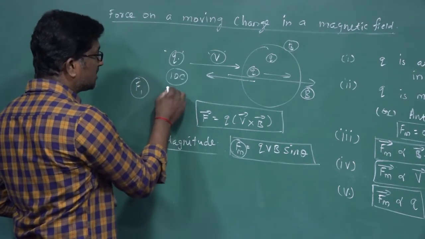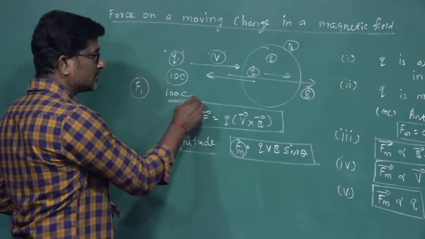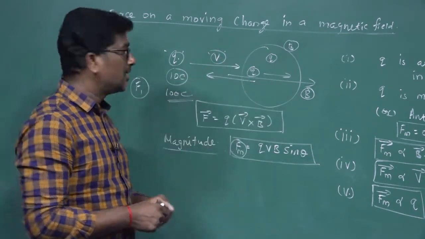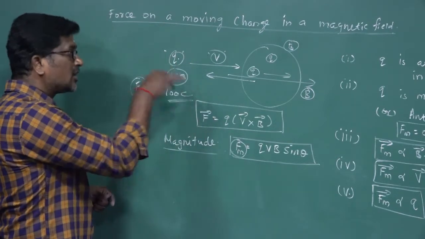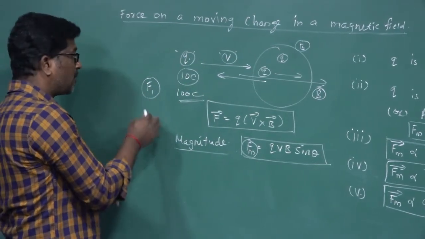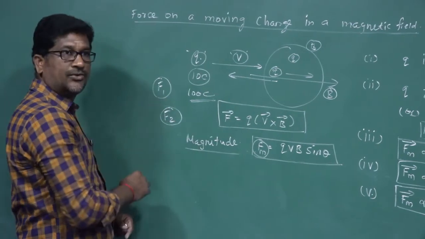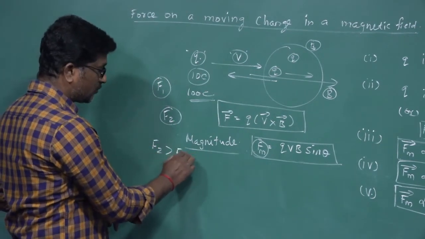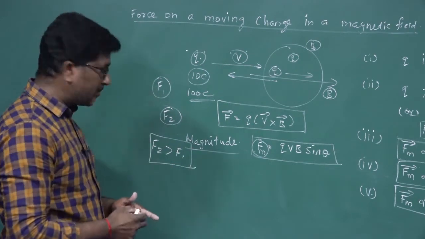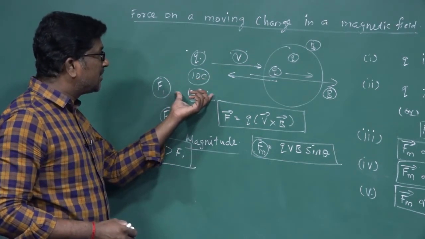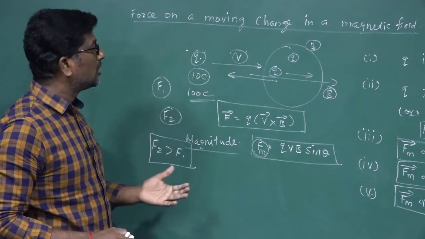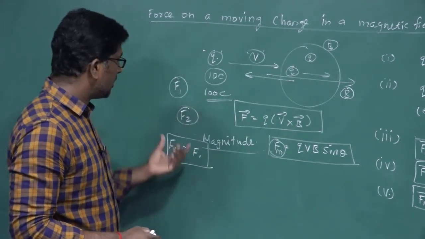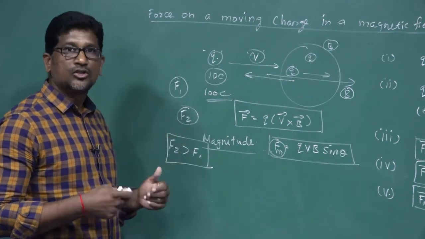If the magnitude of the charge is 100 coulomb and moving with the same velocity V in the same magnetic field B, now the force acting on the charged particle differs from F1. Now it is taken as F2. Comparing, F2 is greater than F1. Why? Because if the magnitude of the charge is more, for a given velocity and magnetic induction, the force acting on the charged particle is also more.